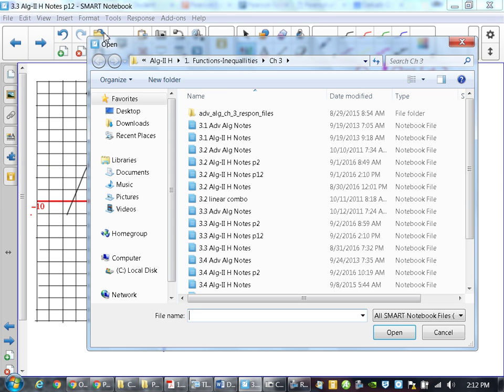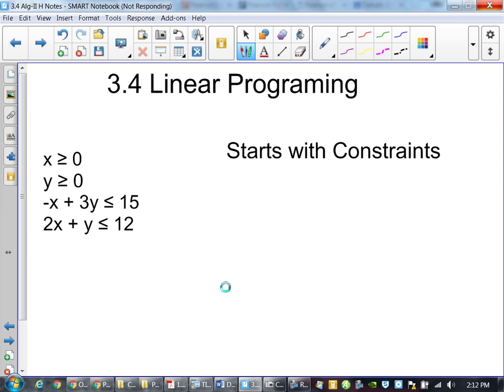Linear programming. Linear programming is one of the ways that we learn how to create what's called a feasible region. This feasible region comes from specific constraints. Yesterday and the day before, you guys have been graphing systems of inequalities. We've done a little bit of graphing of absolute values with inequalities as well.